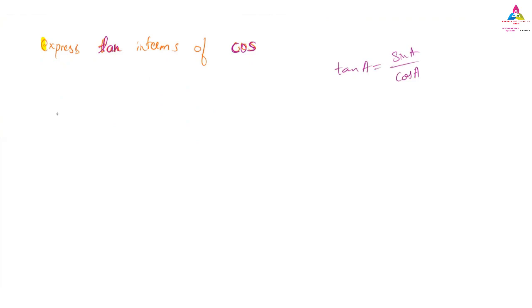But the question is, you have to convert the tan in terms of only cos A, not using any other function. You can't use any other one like sine, cot, secant or cosecant.